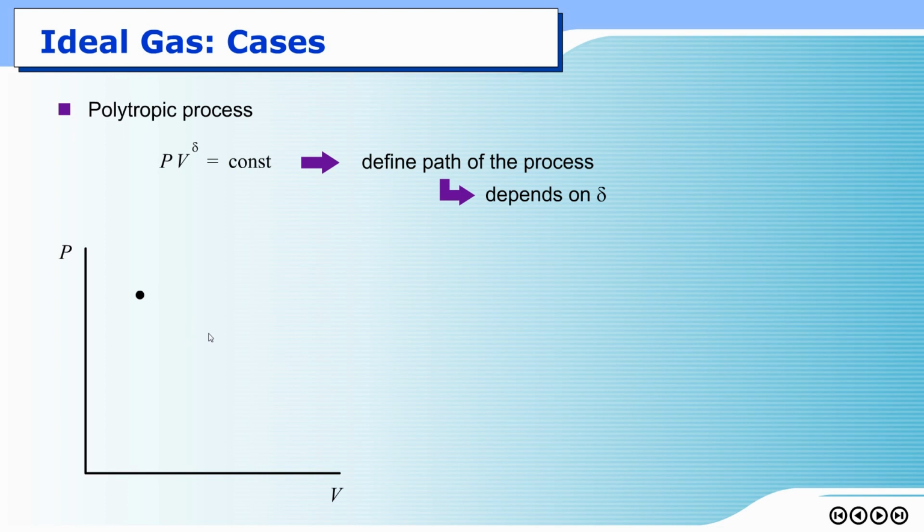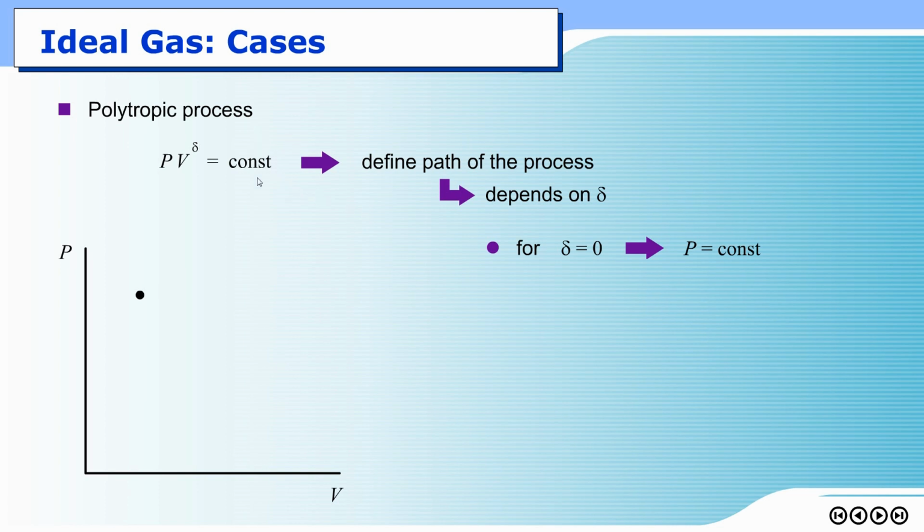So if I have a starting point, the initial point of the process, and the process complies with this equation, if delta is 0, V here would be turned into 1. In other words, you end up with P equal to constant.